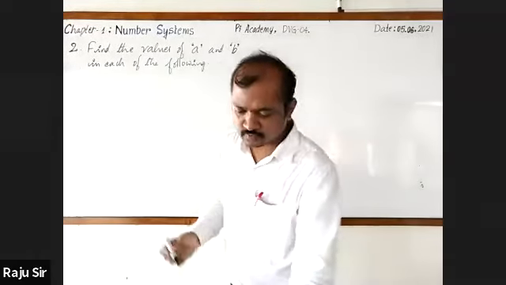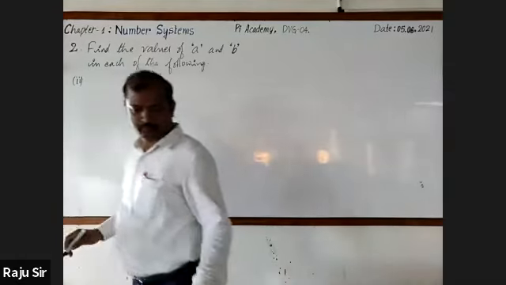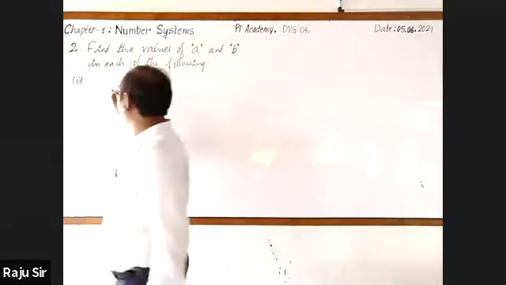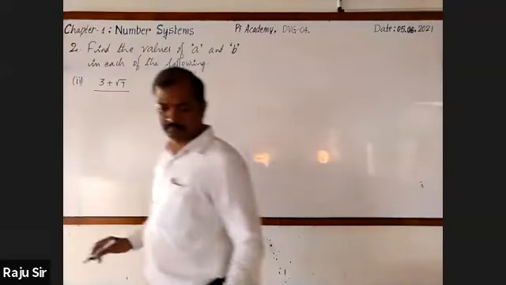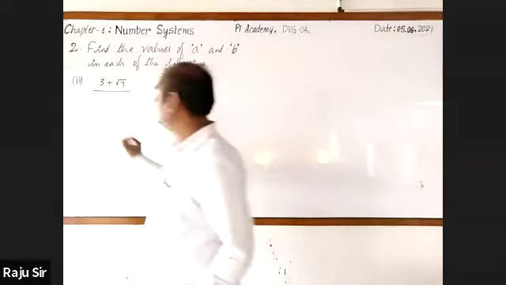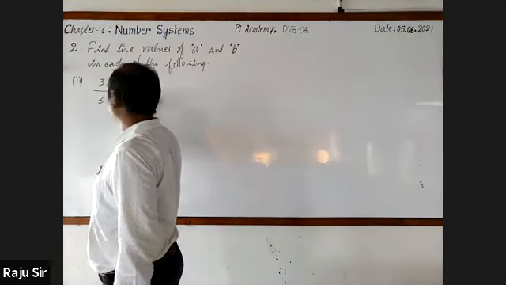Write down the second one: 3 plus root 4, by 3 minus 4 into root 7.